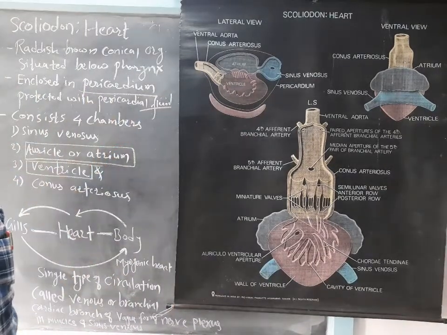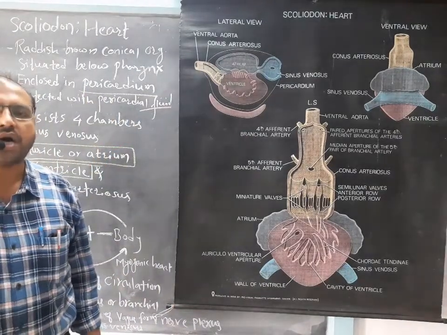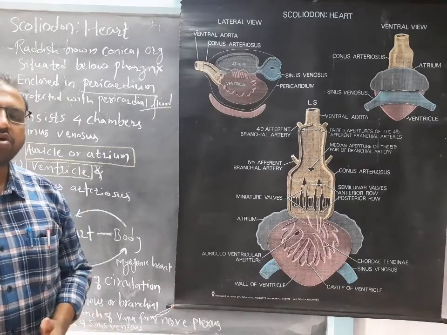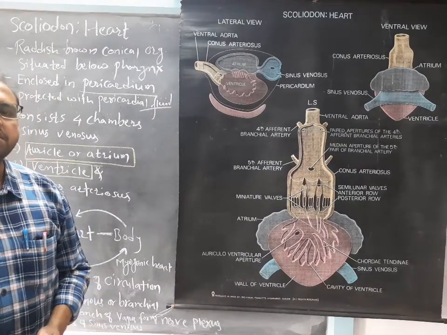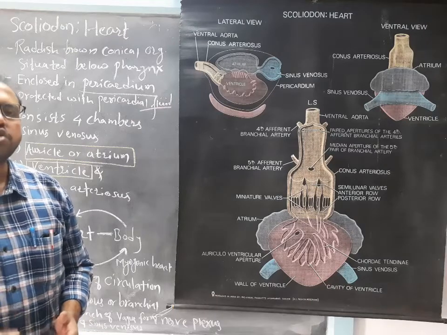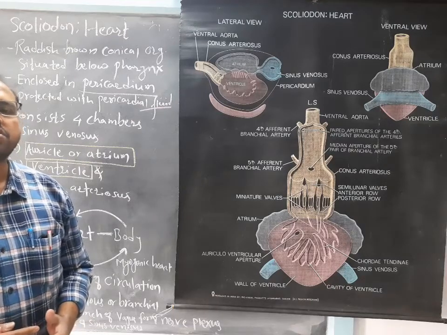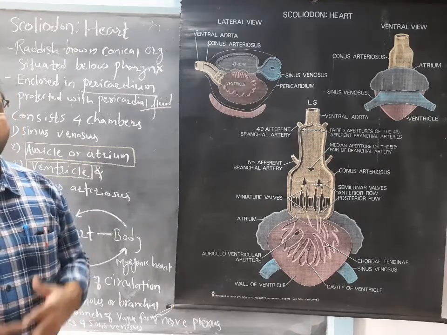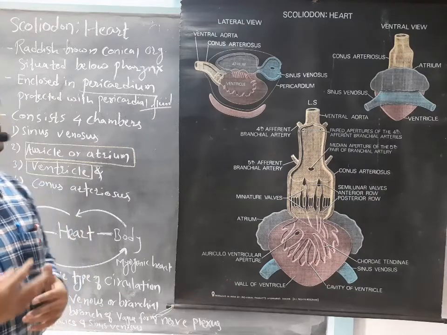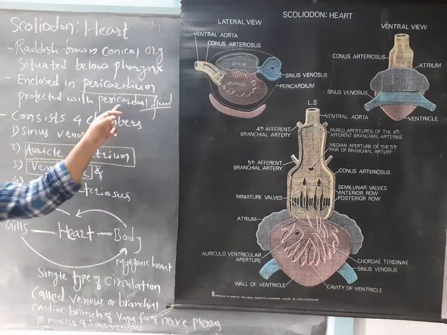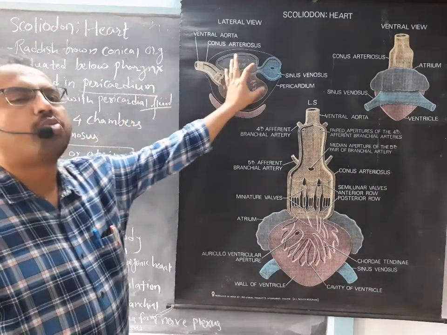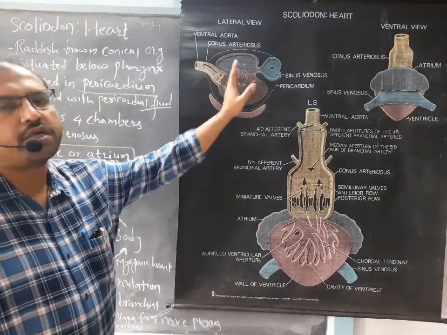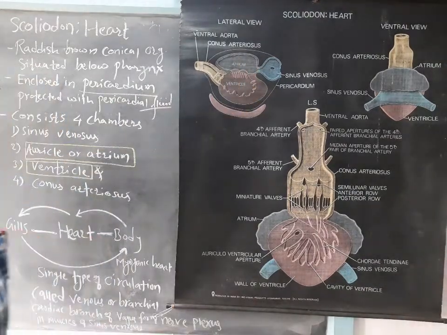The function of the fluid is to protect the heart. The heart is a vital, important organ, so it must be protected from external shock, injury and damage. In case of any jerks or shocks, they get absorbed by this pericardial fluid and the heart is protected. That is the chief function of the pericardial fluid along with the pericardial cavity.